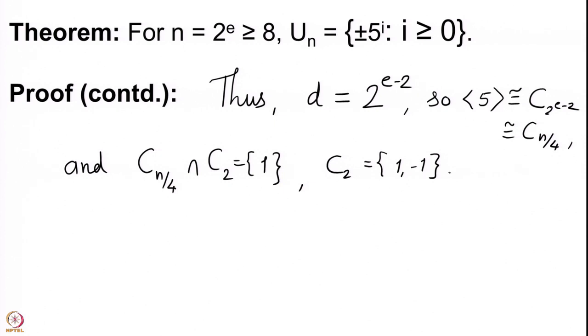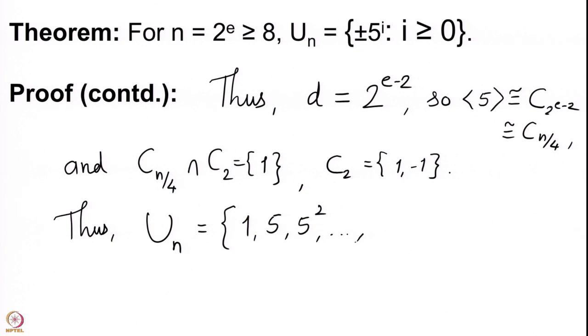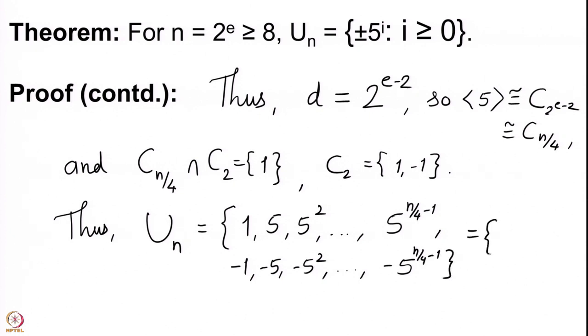So, every element in the group UN is now of the form 1, 5, 5 square, up to 5 to the n by 4 minus 1. These are the powers of 5, and then you have minus 1, minus 5, minus 5 square, up to minus 5 to the power n by 4 minus 1. So, what we have got is that our whole group can be written in the correct way.